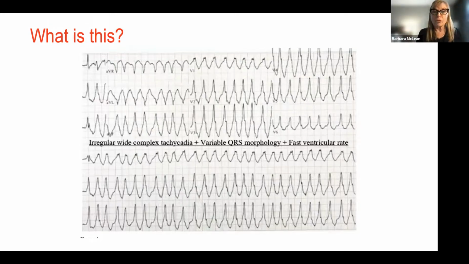If everything points in the same direction, you're wide and you're irregular, probability is this is not VTAC. Look at how irregular this is. Remember, VTAC is almost always regular, except for polymorphic, which means it's not going to all look the same. So here you are, you've got this and you're like, oh, that's VTAC. No, it's not.